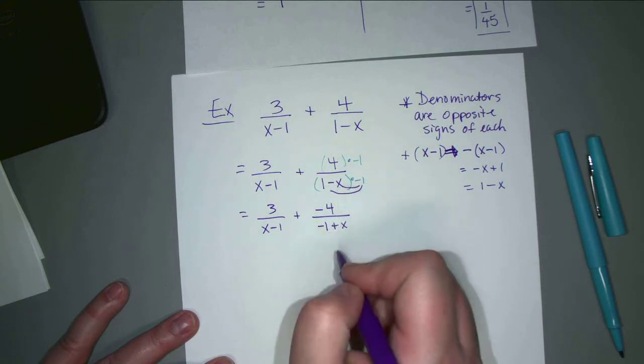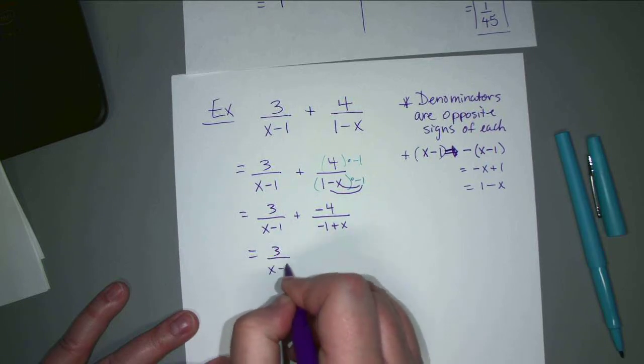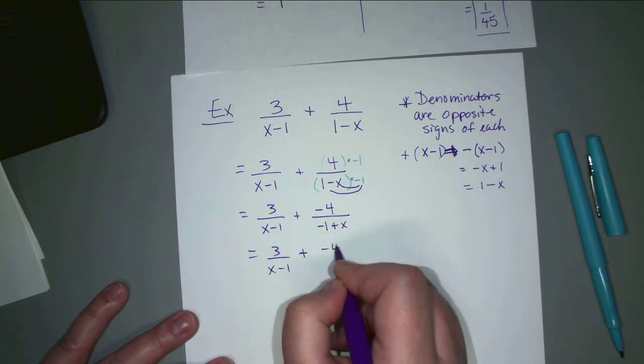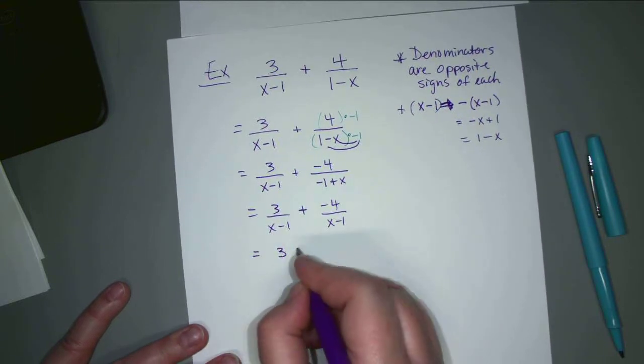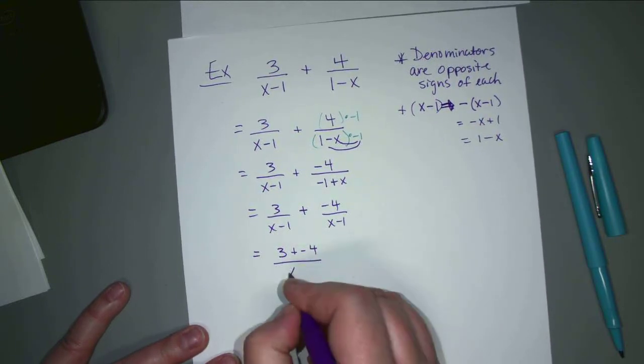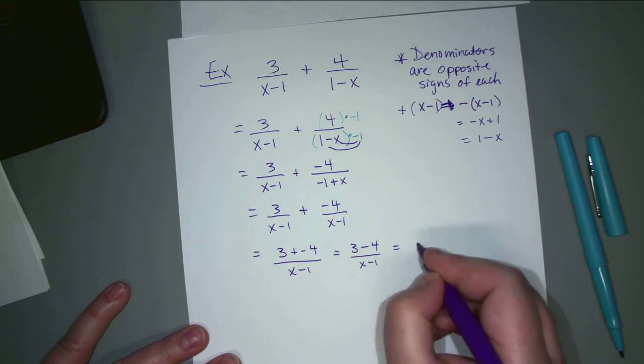So you would multiply that in, and this is now the same. Let's write it the other way. These have the same denominator. So we have 3 plus a minus 4 over x minus 1, which is 3 minus 4 over x minus 1, or negative 1.